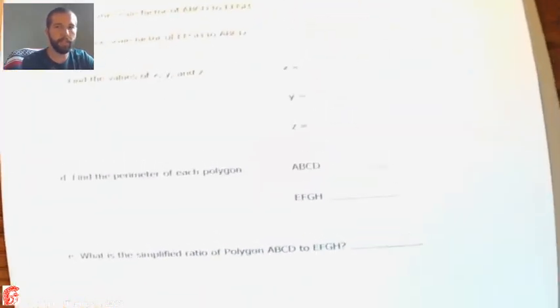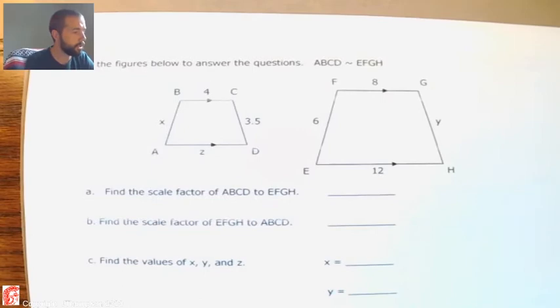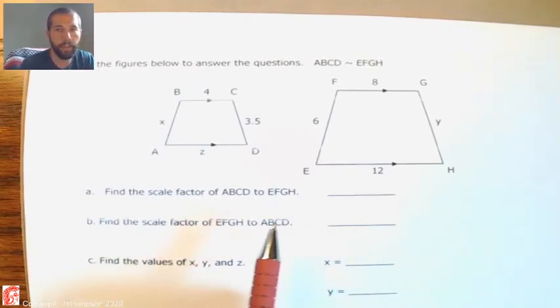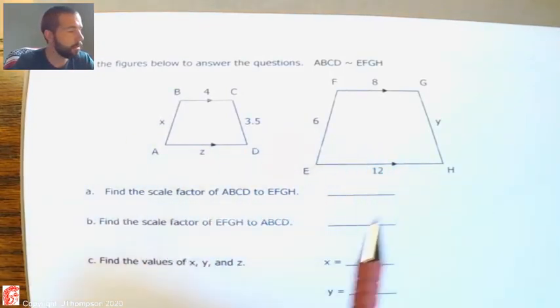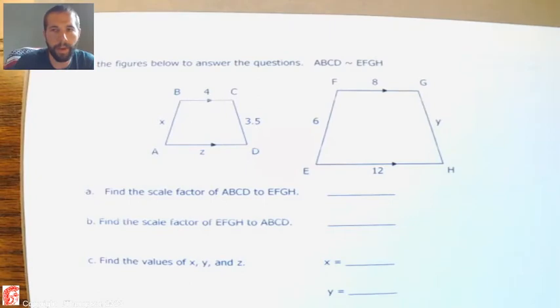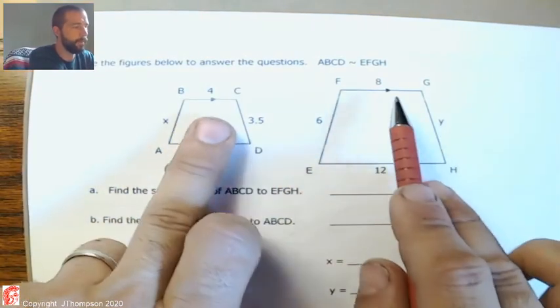Okay, next page. Now we have our similar trapezoids. A lot of questions are being asked here, so just one at a time. We're going to do the scale factor of ABCD to EFGH, so that would be the left one to the right one. For scale factor, you need to compare two corresponding numbers. If we look at all the corresponding sides, we have x over 6, z over 12, 3.5 over y, and then 4 over 8.